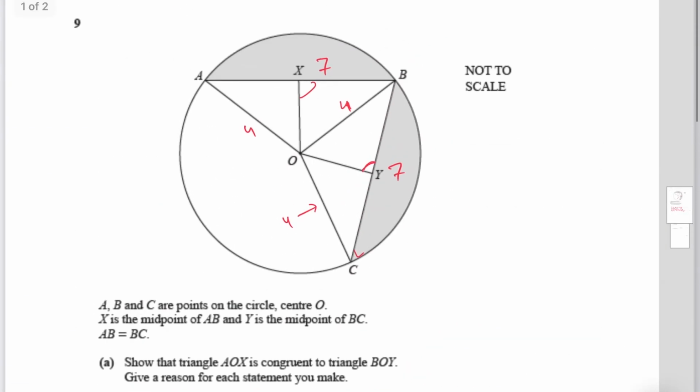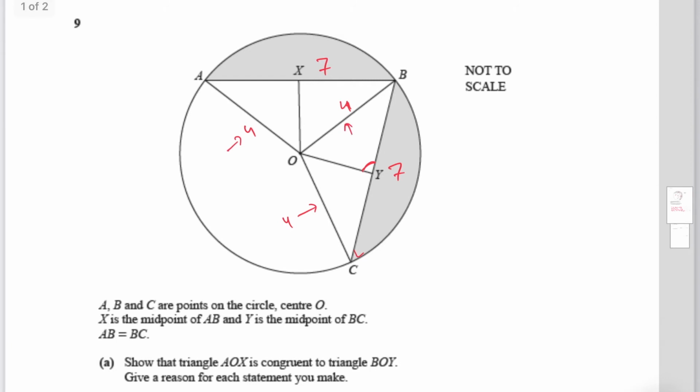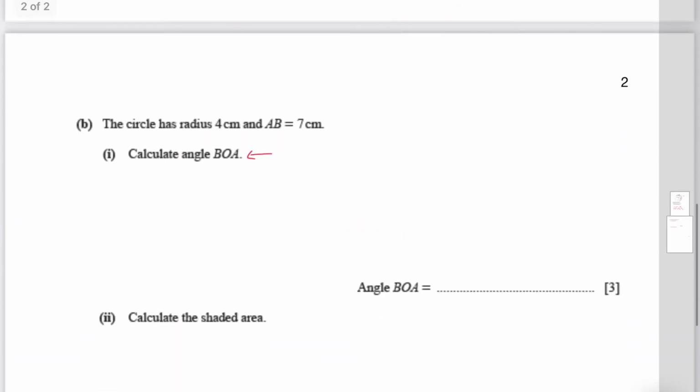In order to find the angle BOA, since we have two lengths on this side and on this side, and this length as well, we're looking for this angle BOA. We use the cosine rule to find this angle. So what we write is 7 squared is equal to 4 squared plus 4 squared minus 2 times 4 times 4 times cos of angle BOA.